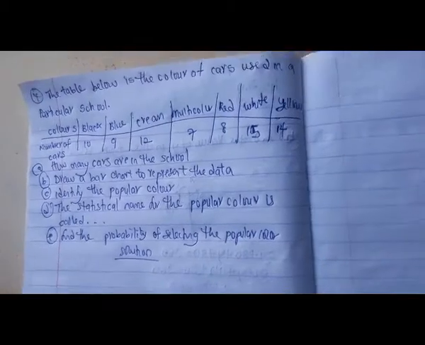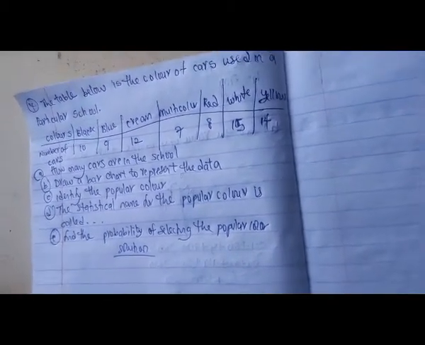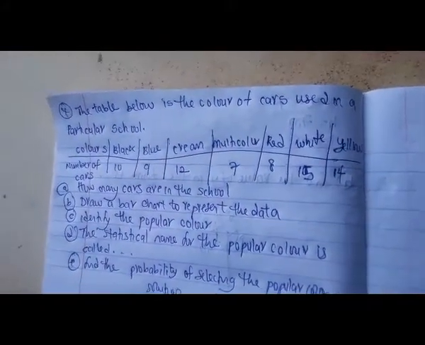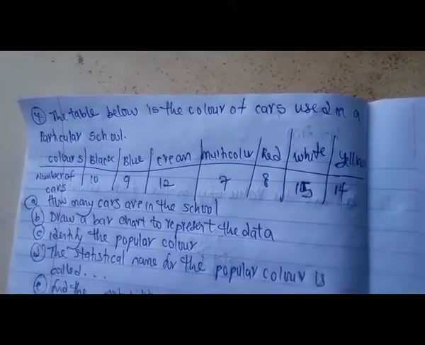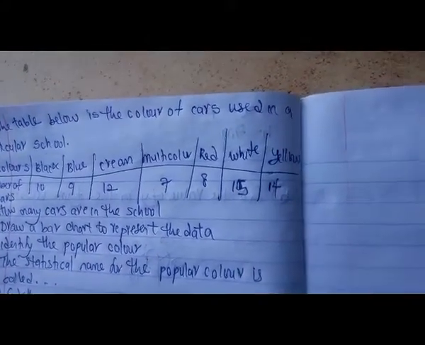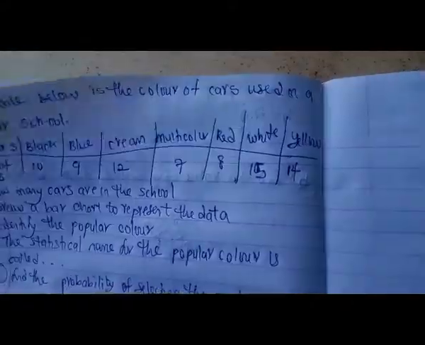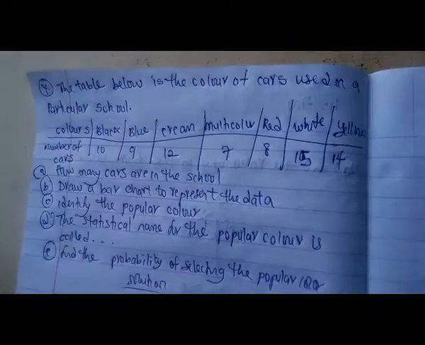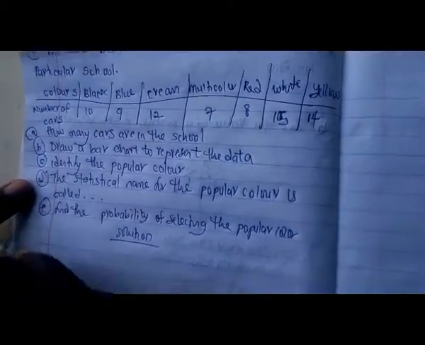The last question for this theory of year 2018 says the table below is the color of cars used in a particular school. We have black, blue, cream, multicolor, red, white and yellow. Black is 10, blue is 9, cream is 12, multicolor is 7, red is 8, white is 15 and yellow is 14. The first question says how many cars are in the school?